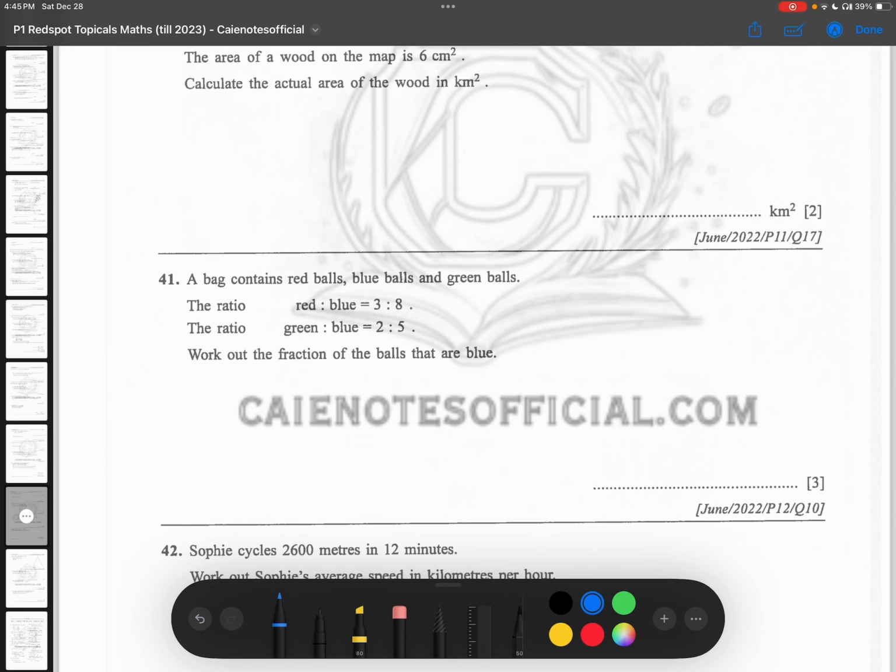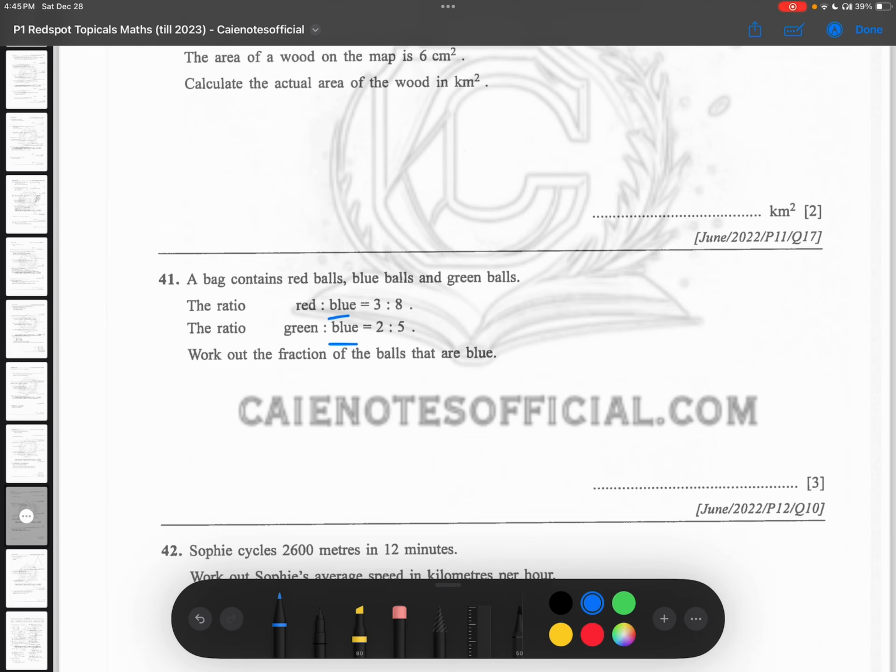So to do that, I need to write all the three ratios together. So red to blue is 3:8 and green to blue is 2:5. So blue is the common ratio over here, but the ratios are different.